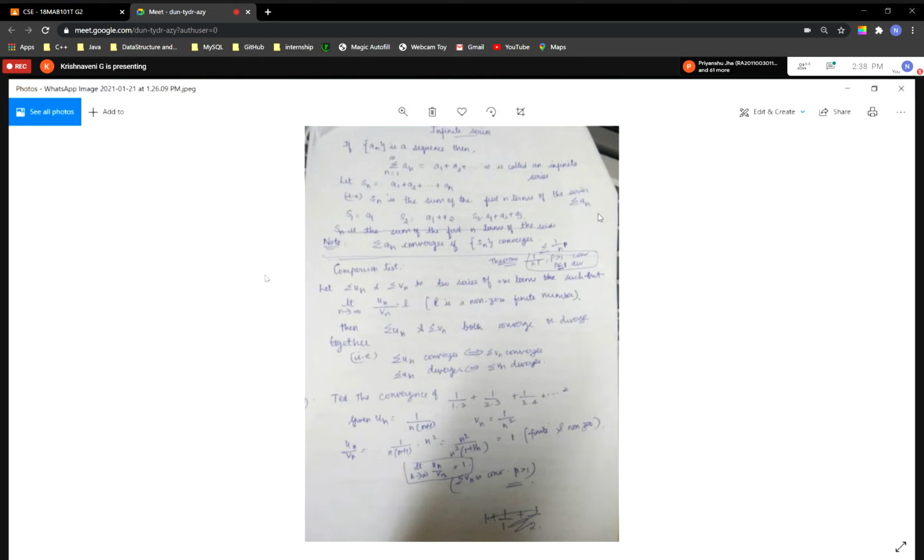We know that summation an is a1 plus a2 plus etc. What is S1 here? Sn is nothing but this. S1 is the first term. What is the first term on the right hand side? A1. S1 is nothing but A1. S2? A1 plus A2, the sum of the first two terms.